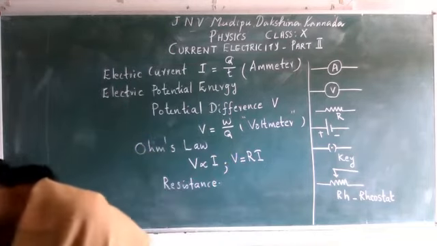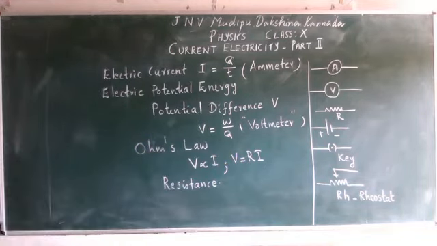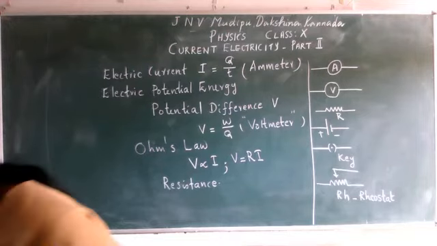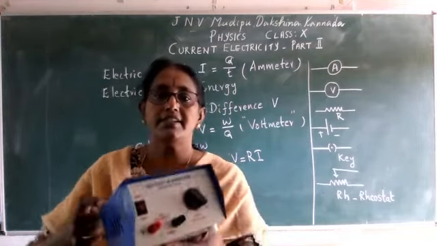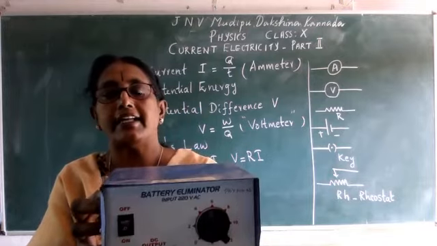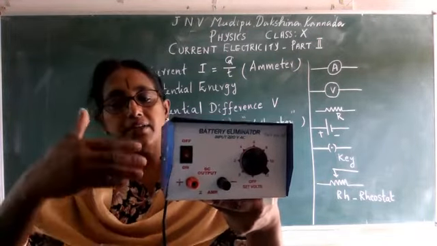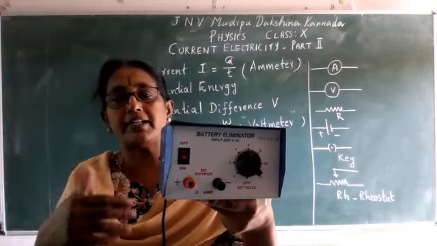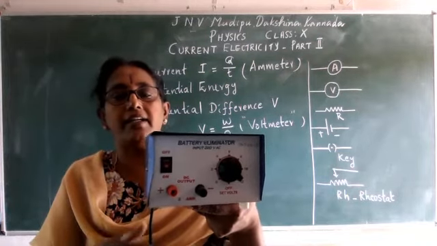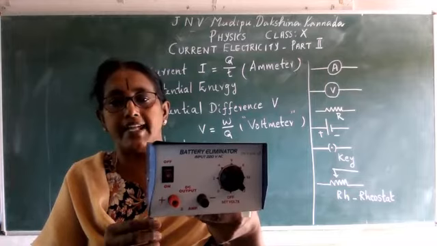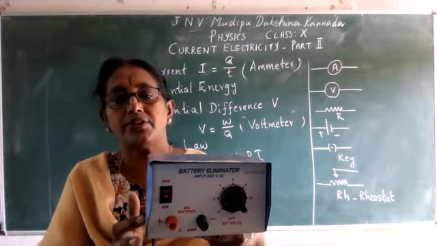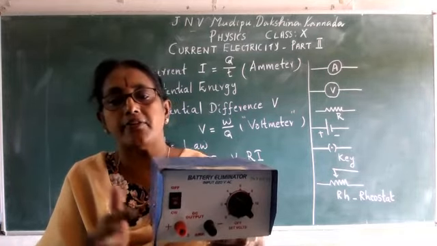And the power supply we are using will be used with the help of an eliminator. This is called a battery eliminator. This device is used to reduce the voltage. At the same time, whatever is available in our power supply is AC, and that will be converted to DC of the desired value.